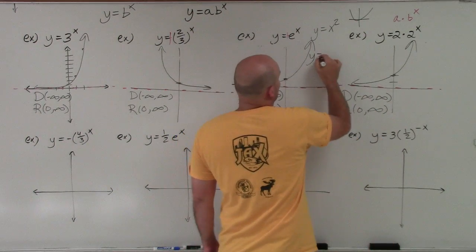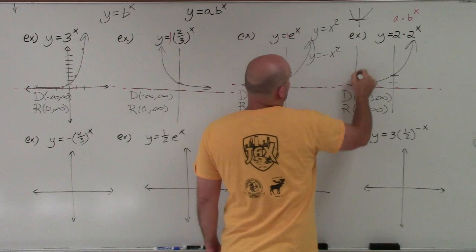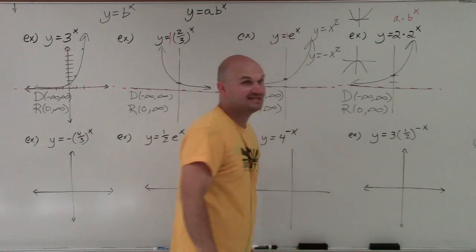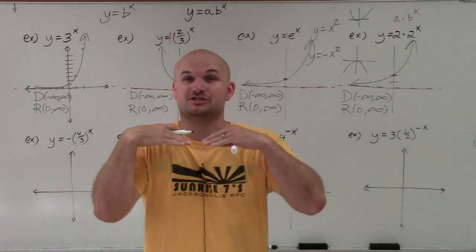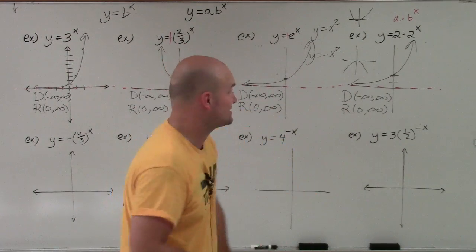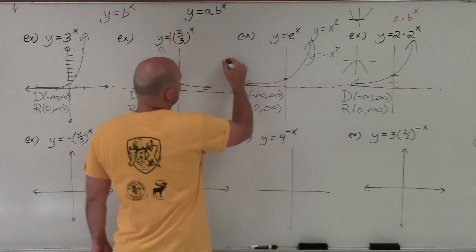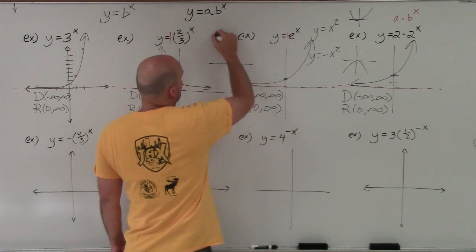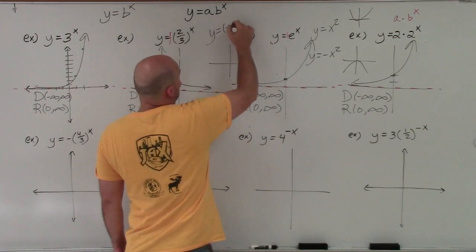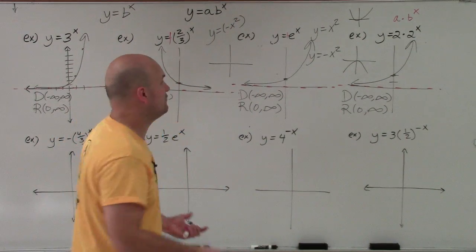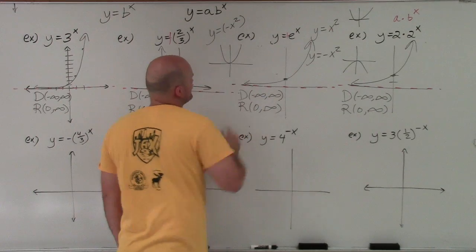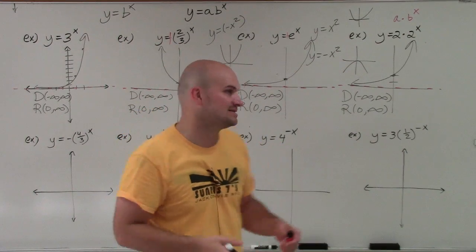Well, y equals negative x squared, now the graph is opening down. So when you're multiplying a function on the outside by a negative number, that's reflecting about the x-axis. On the contrary, we don't really deal with it that much, but if I had y equals x squared with a negative inside, that's going to be a reflection about the y-axis. Now, for a quadratic, the graph looks the exact same because it's symmetrical about the y-axis.